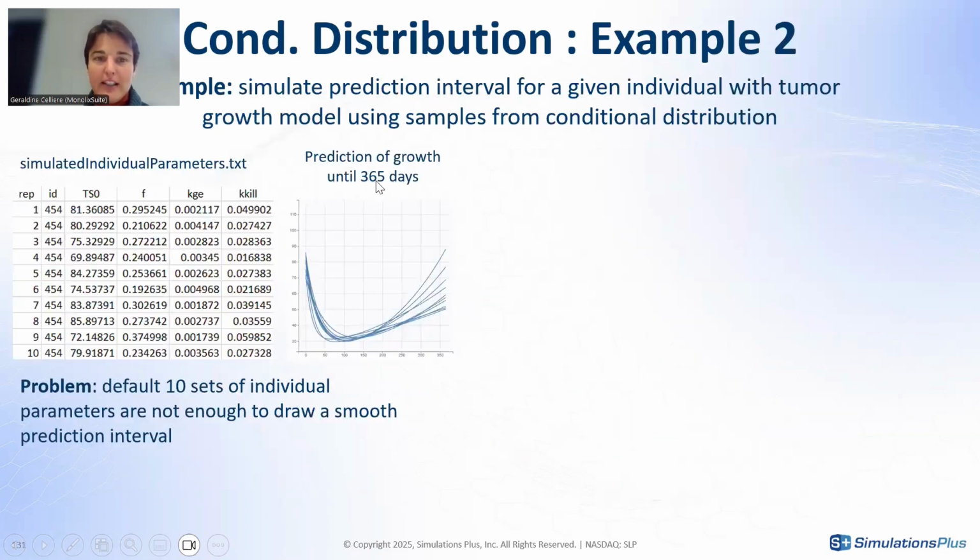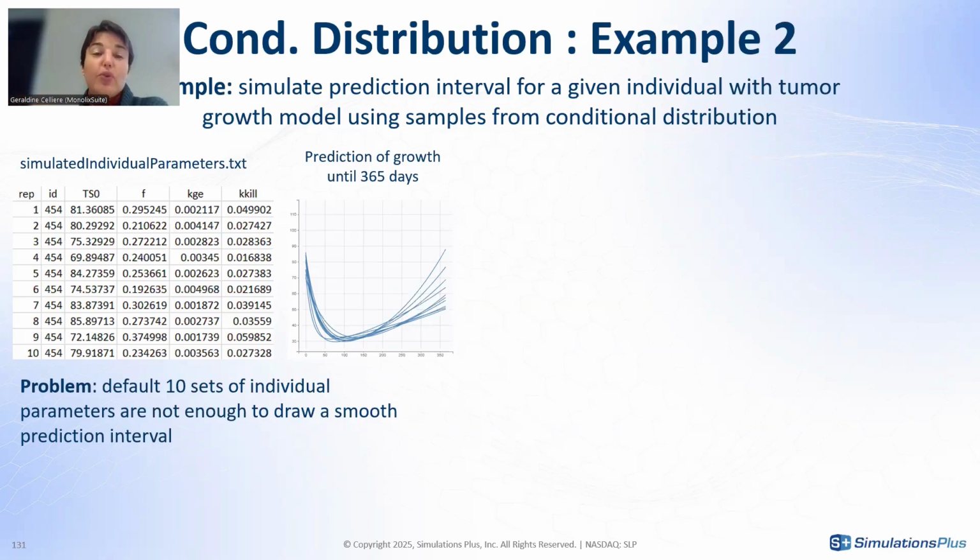The second example is a case where I would like to do dynamic individual predictions. I have a tumor growth model, and for each individual, I would like to predict how the trajectory of the tumor growth would continue after the last observation. I could do that just with the EBEs, but the EBEs would just give me a single line.